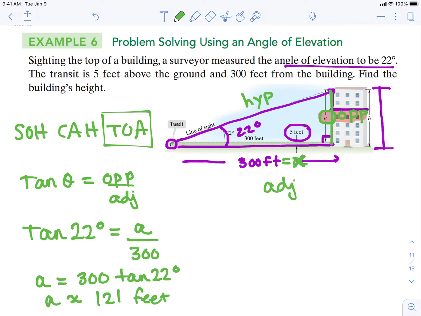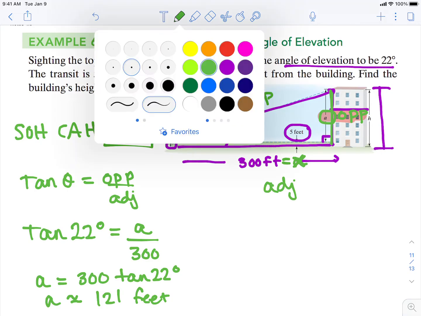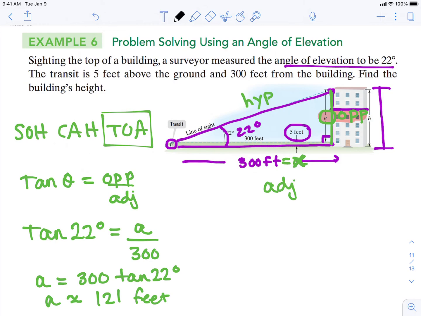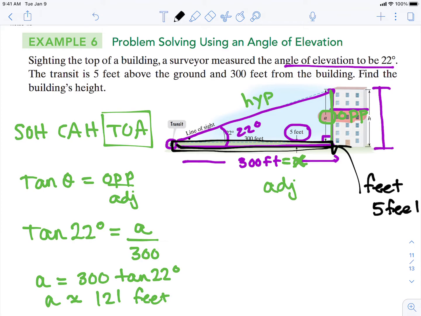Now, that height of that part of the building above the transit is approximately 121 feet. But we need to add another 5 feet to get the height of the total building, because this transit, I can try and draw maybe a black line here, is right in here, 5 feet off the ground.